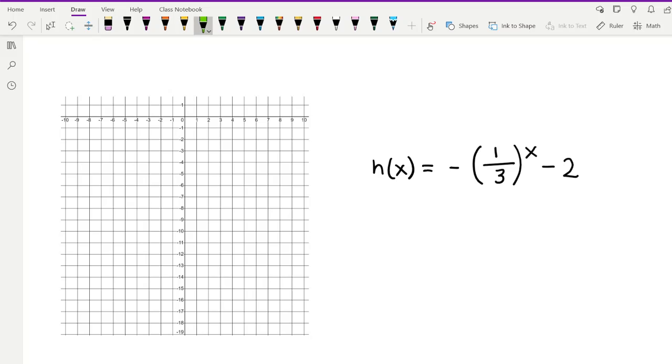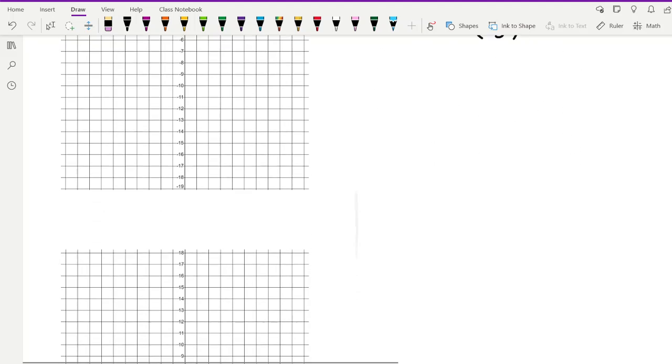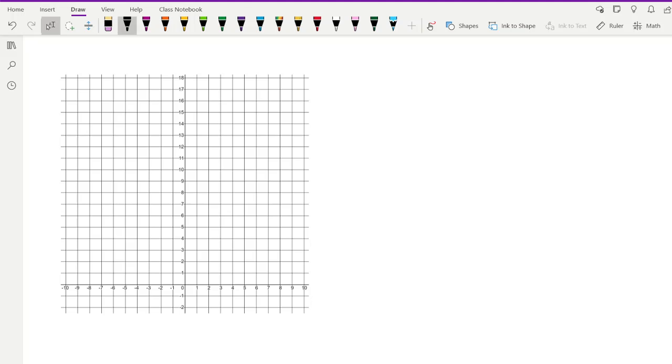Because this one is going to be a reflection over the x-axis, it just would have been difficult to fit them both on the same graph. So we're going to graph them separately. So here we're going to graph (1/3)^x. We already did this one in our last video, and then we actually did it today, right? When we did 3^(-x), that was the same. So this one goes through (0, 1), it goes through (-1, 3), and it goes through (-2, 9).